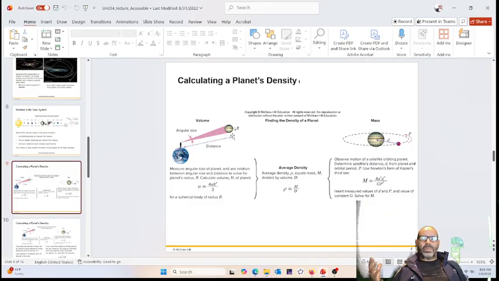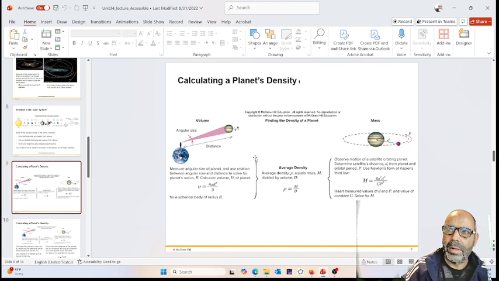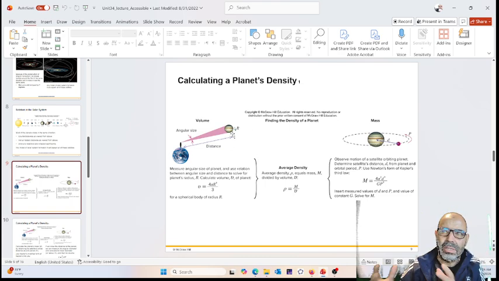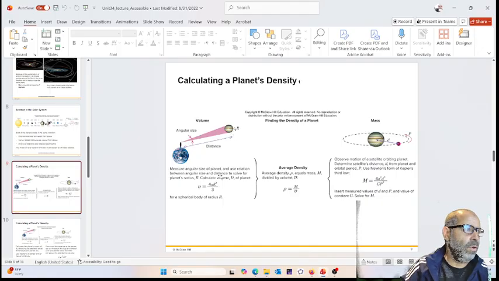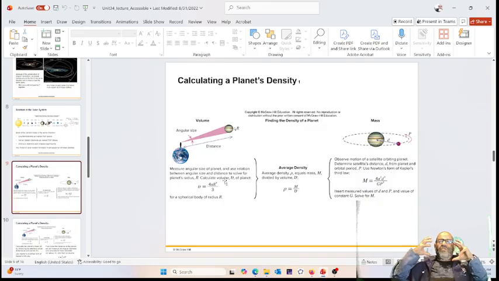That gives me the angular size, the angle in here. Then I use simple trig relationships and find the radius, the size of the object. So I know its diameter, I know its radius. Then I use the formula for the volume, 4 pi over 3 r cubed, so I know the volume of that planet. Put that aside.